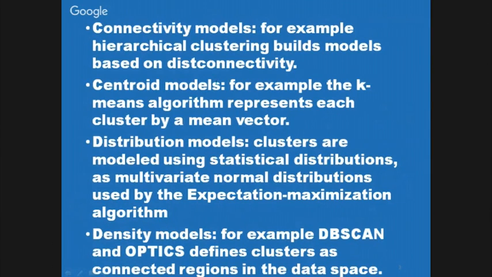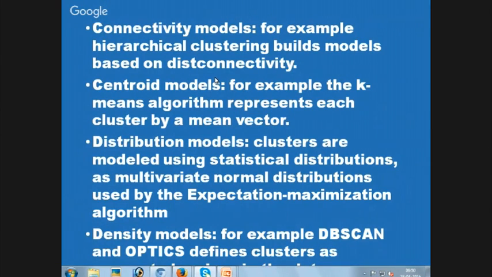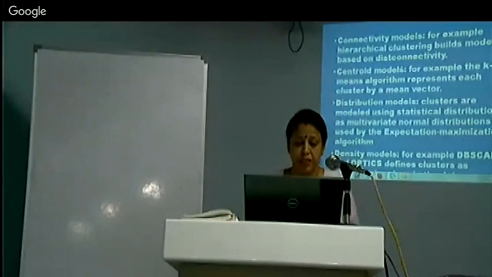Next is the distribution model. In this modeling, clusters are modeled using a statistical distribution, probabilistic distribution, normal distribution, Gaussian distribution. Like this, they carry out the different clusters.